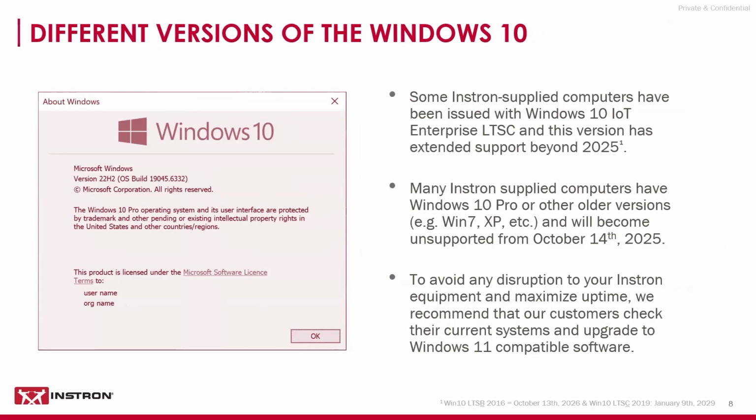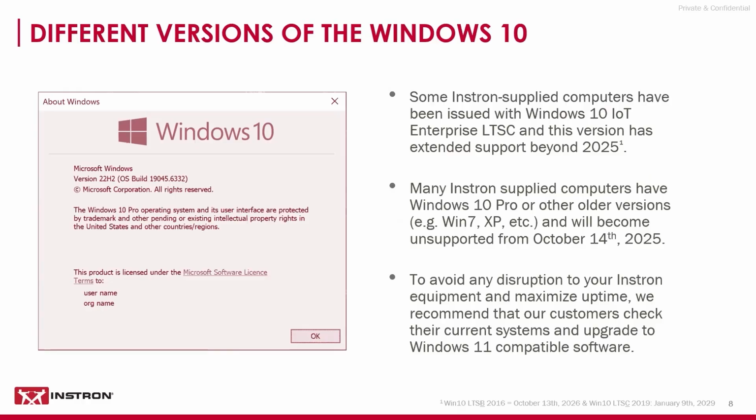It's also important to note that there are different versions of Windows 10. Some Instron supplied computers have Windows 10 Enterprise. There are 2 versions that are valid at the moment, LTSB and LTSC. Now, LTSB itself is going to be supported by Microsoft until roughly next year in 2026.